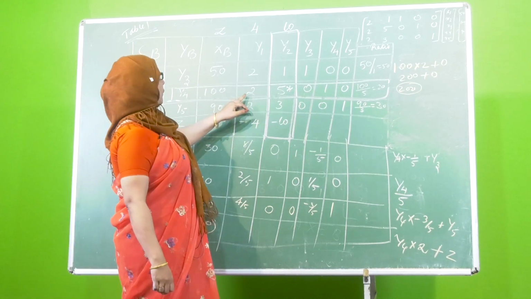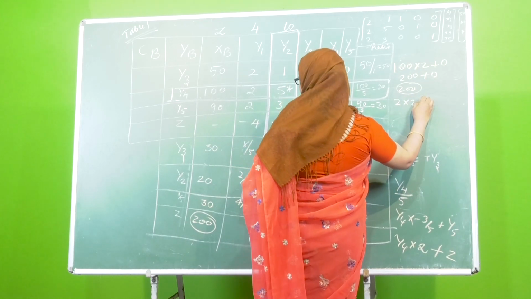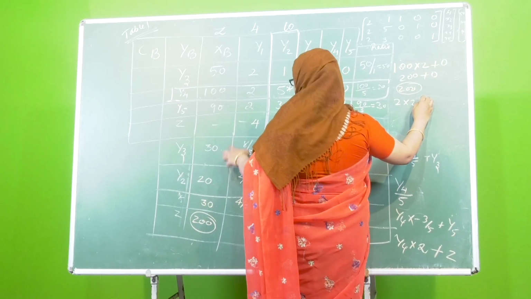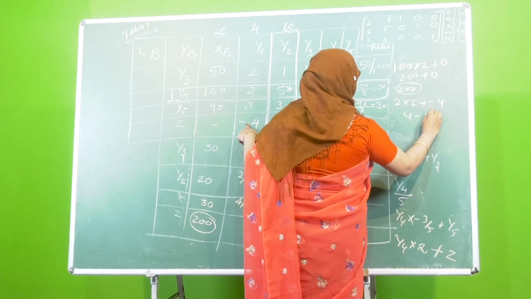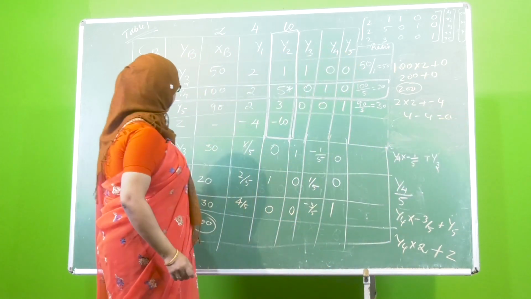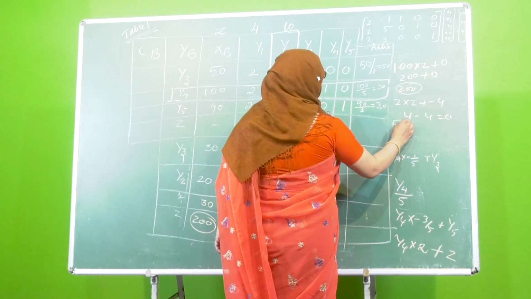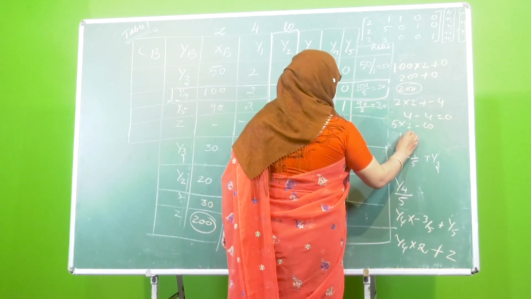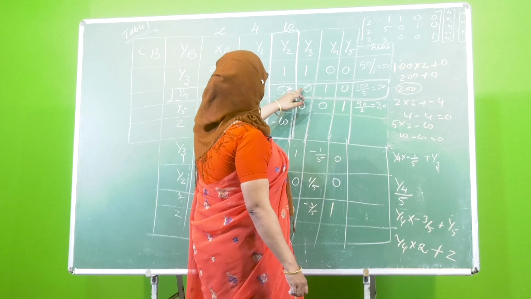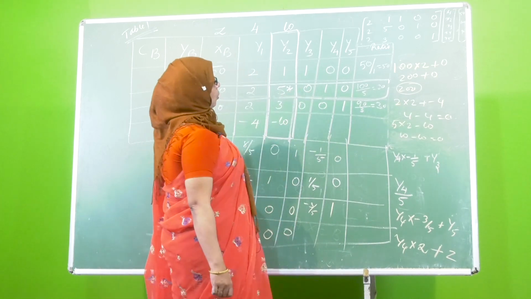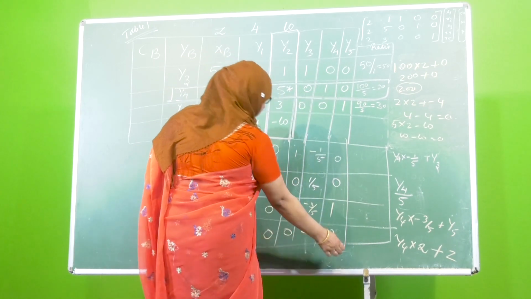Next, 2 into 2, 4 minus 4, 0. Five into 2 is 10, 10 minus 10, 0. Next is 0 into anything, 0. So 1 into 2, 2, and add 0 into anything is 0.